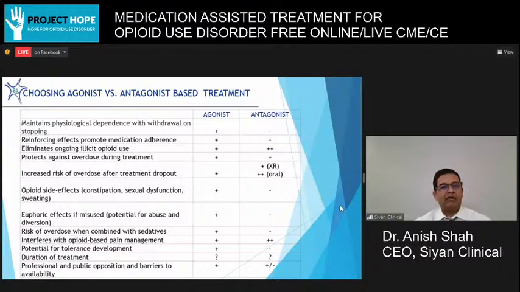However, opiate-related side effects such as constipation, sexual dysfunction, and sweating are much less with buprenorphine. And the overdose risk when combined with sedatives is even a little bit more with buprenorphine. So they both work. Like I said, the decision has to be a shared decision in consultation with patients and the family member to choose what the best treatment option is for the patient.